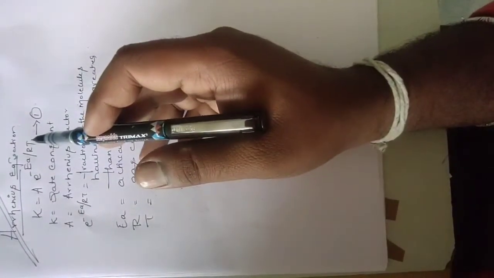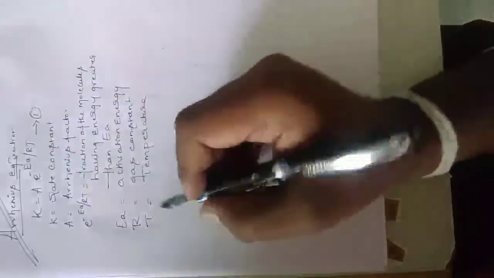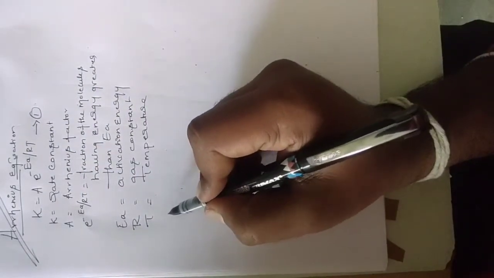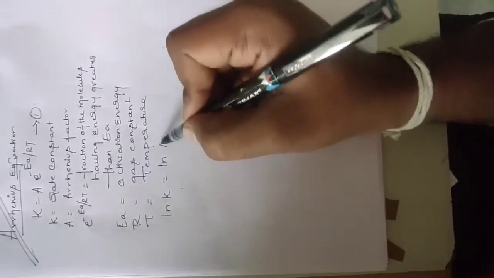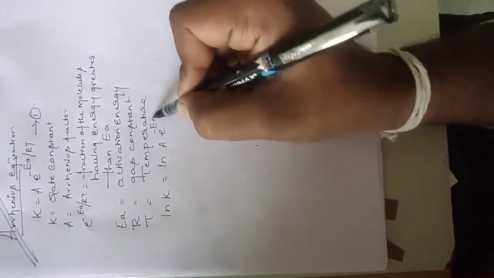Okay, Arrhenius equation. If you take log on both sides of equation 1, we are taking ln. ln k is equal to ln of A e to the power of minus Ea by RT.